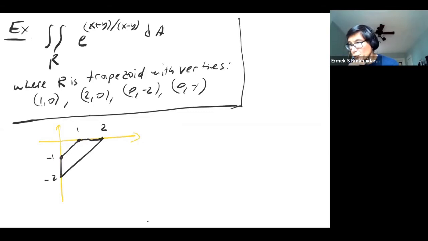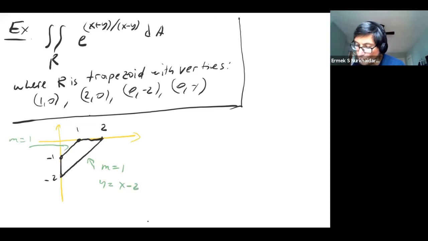So the substitution which we kind of want to do is, if you look at our function, you see x plus y and x minus y. If you look at our region, for example, this line has slope equal to 1, and the slope of this other line also equals 1, so both lines look similar. With y-intercept negative 2, y equals x minus 2.